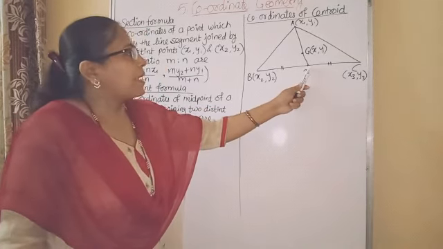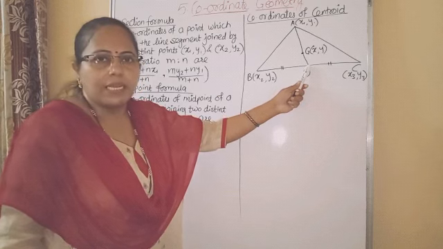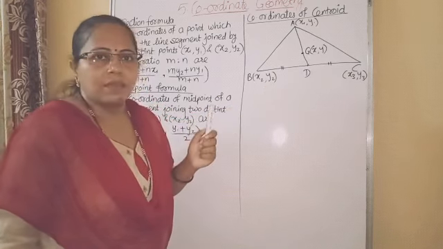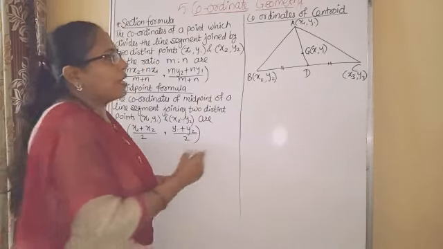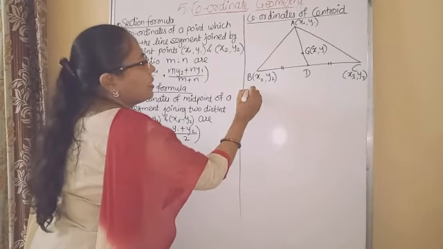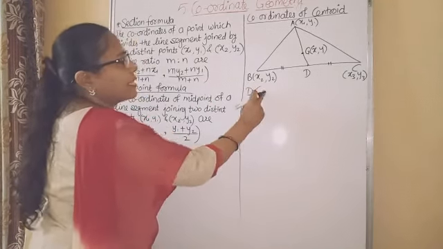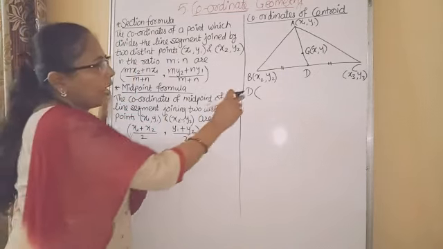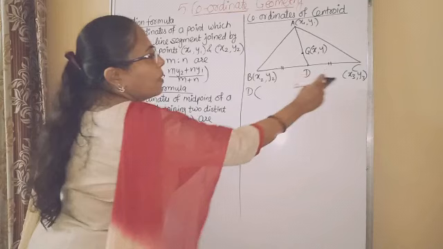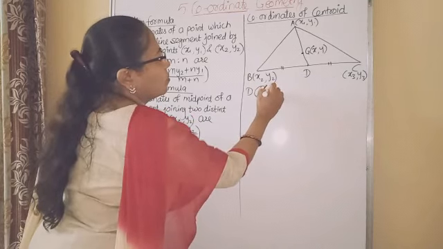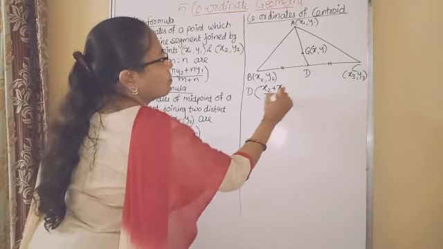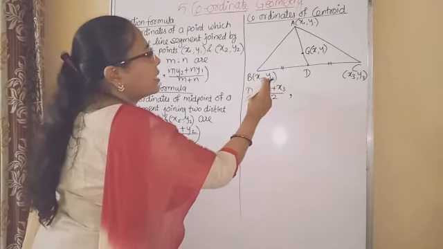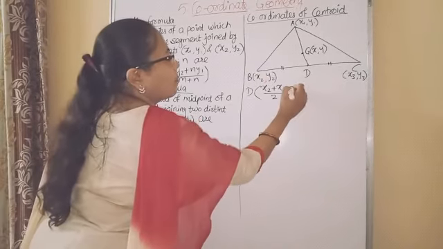Let's first find the coordinates of point D. As we know, D is the midpoint of segment BC. So using the midpoint formula, we get the coordinates of point D. The x coordinate is (x2 plus x3) upon 2, and the y coordinate is (y2 plus y3) upon 2.